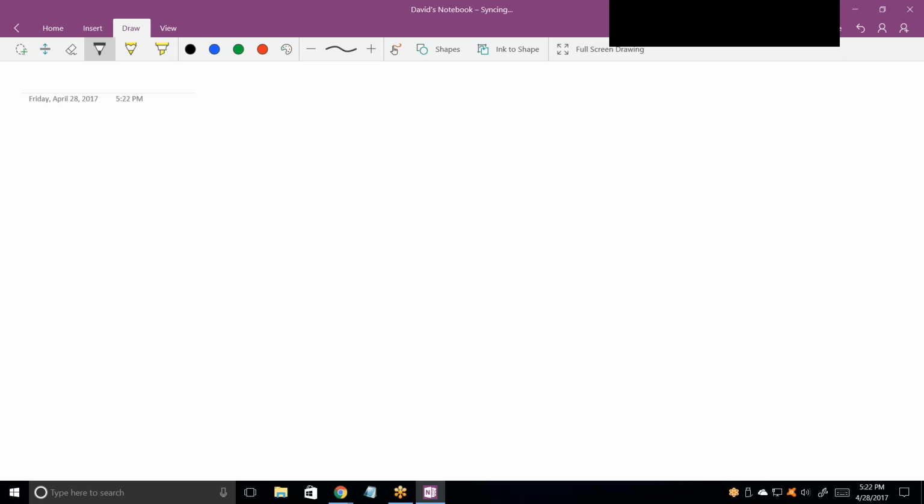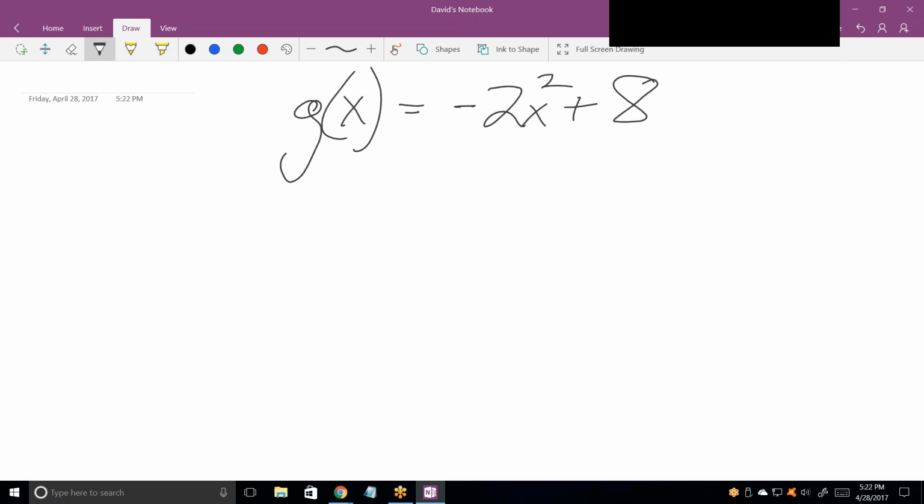So find the average rate of change, another word for slope. So g of x equals negative 2x squared plus 8, and it says from x equals 3 to x equals 8.